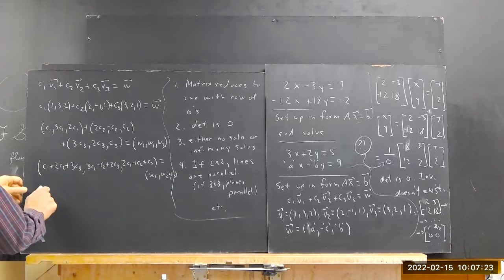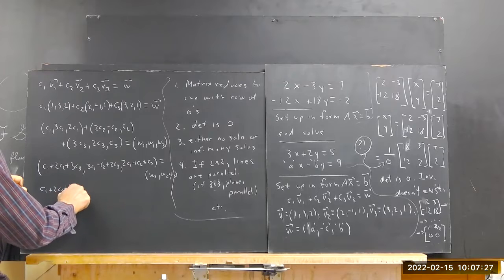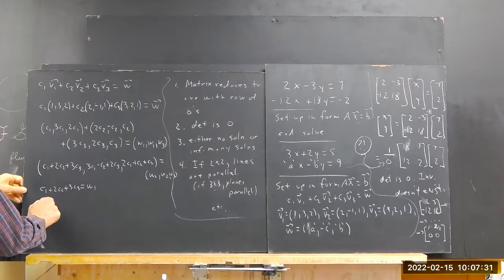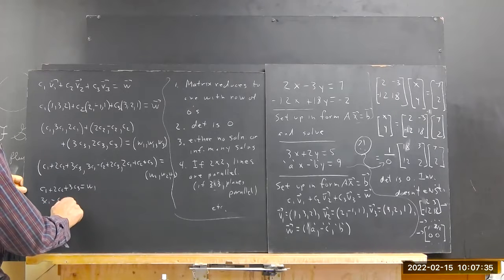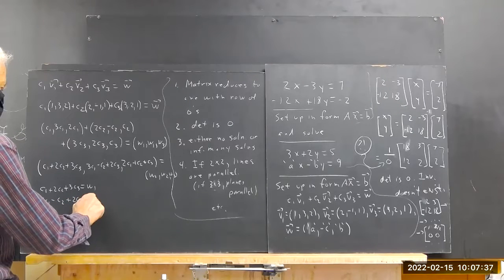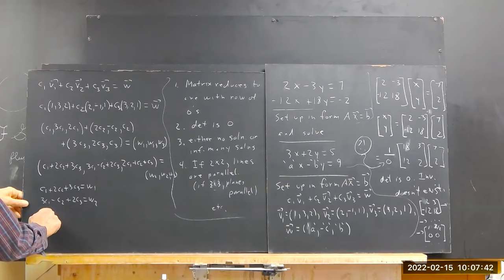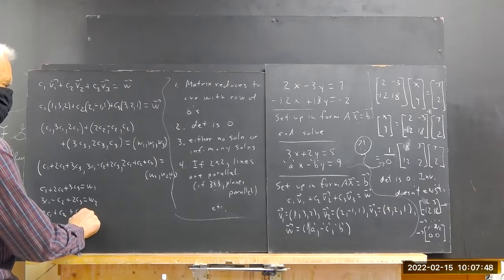So C1 plus 2C2 plus 3C3 equals W1, 3C1 minus C2 plus 2C3 equals W2. And I'll copy these down, right? 2C1 plus C2 plus C3.